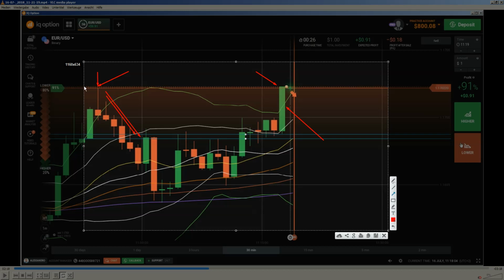We have here a resistance level, a strong one, because after this reversal here it started a downtrend. That shows a strong resistance level, and this candle was an exhaustion candle at this key level, which also shows that we would get a retracement at least.